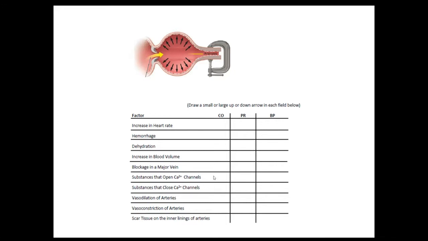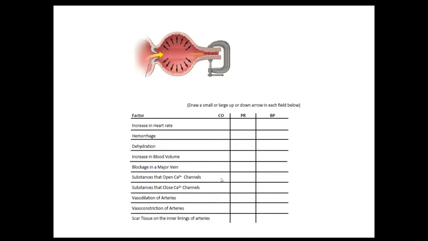Substances that open calcium channels. How's that going to affect the heart? Well, remember that 10 to 20% of calcium in a cardiac muscle cell comes from the extracellular fluid. So blocking calcium channels is going to decrease the calcium content of the cytoplasm. So it's going to decrease the number of myosin heads that interact with the filaments. So the heart's not going to beat as hard. So that's going to decrease cardiac output, decrease resistance a little bit.